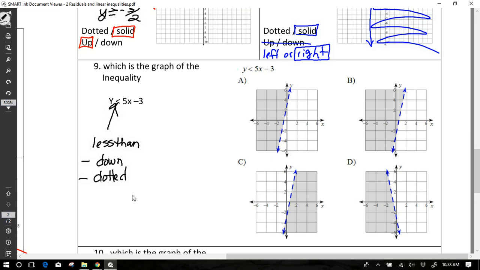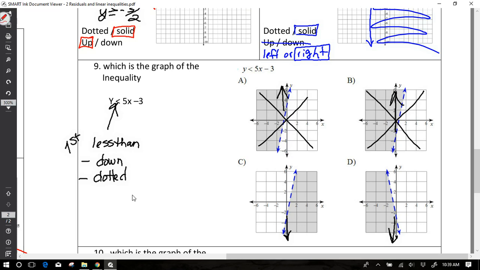So this is going up and it's dotted, so it can't be A. This is going down, that's good. This is going up, so it can't be B. And this is going down and it's dotted. Perfect. So that would kind of be the first thing I try to focus on, is the dotted line and the shading up and down.